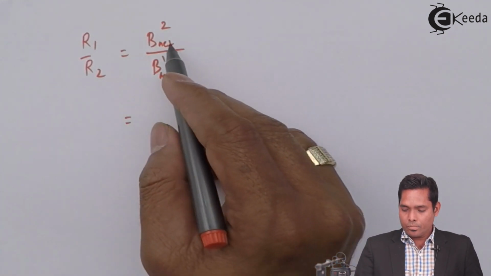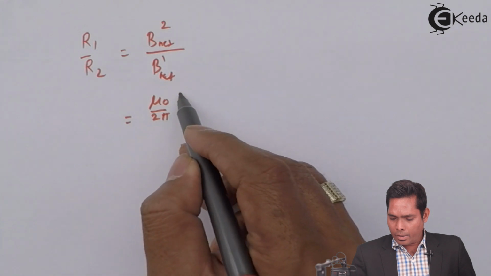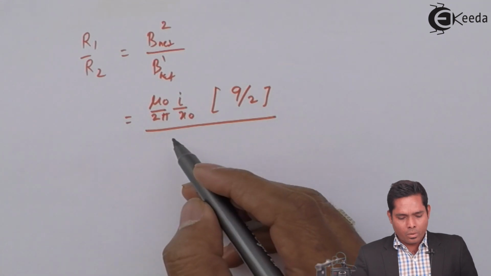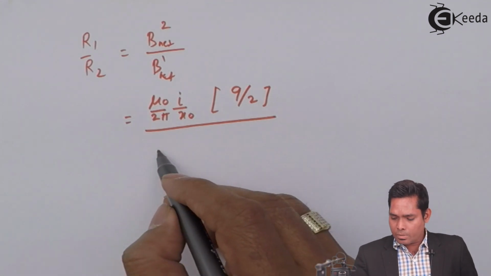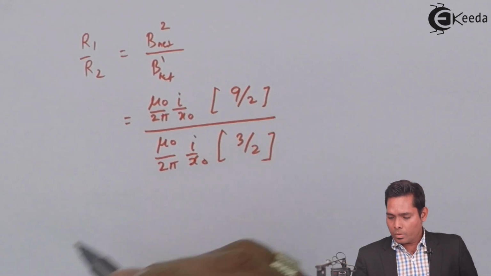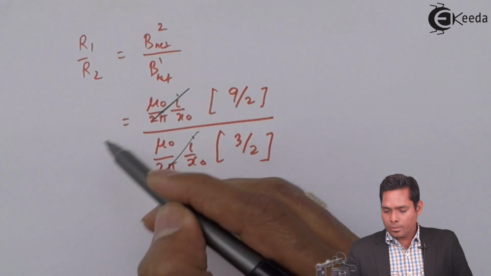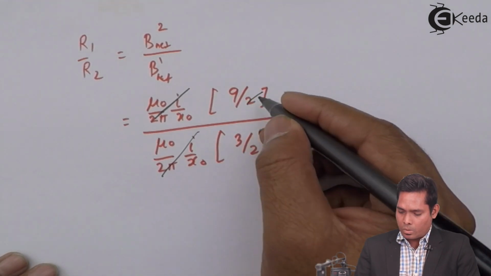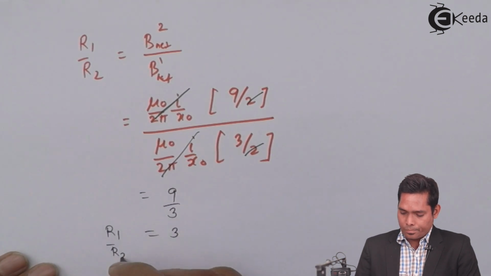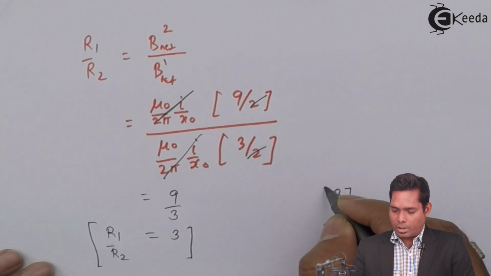B net in the second case is mu naught upon 2 pi, I upon x naught, 9 by 2, that we already got, divided by the first case, which was mu naught upon 2 pi, I divided by x naught, and this is 3 by 2. If I solve this, this whole thing will cancel out, and this 2 will also cancel out, and 9 by 3 becomes 3. So in terms of the digit, the answer is 3.